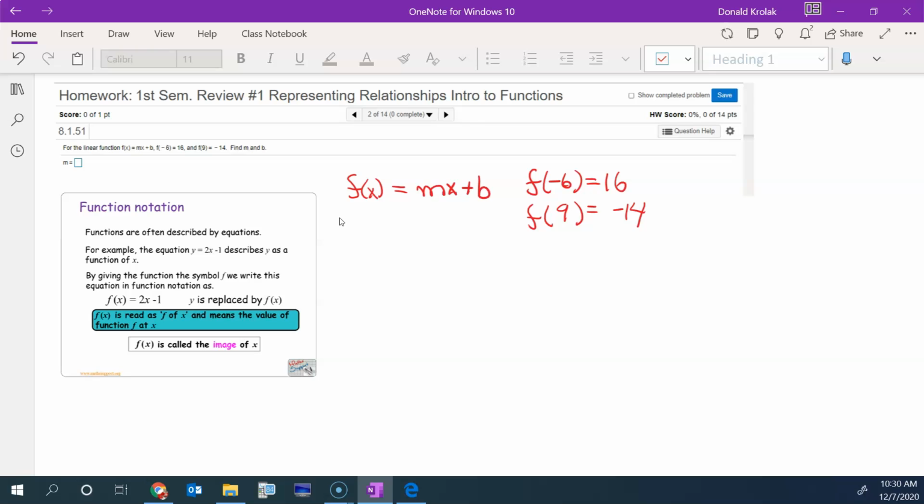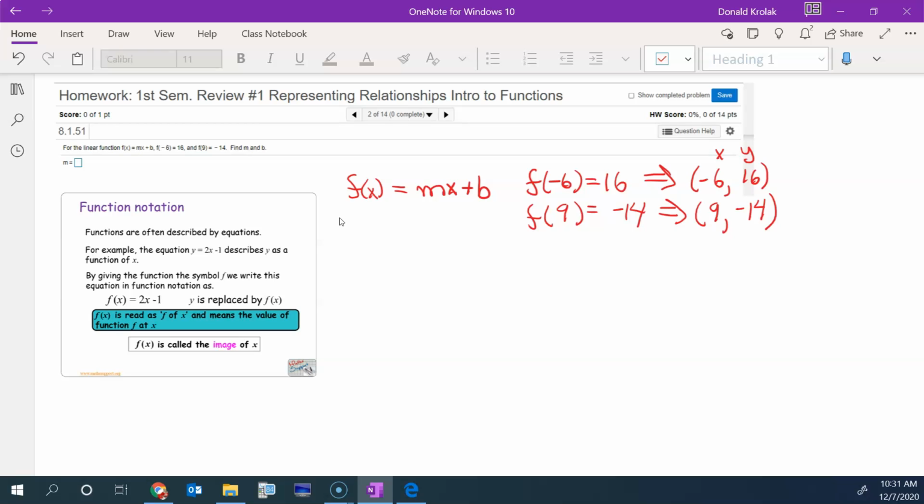Well, what does function notation mean? This tells us that an x of -6 gives you a y value of 16. And this one tells you that an x value of 9 gives a y value of -14.